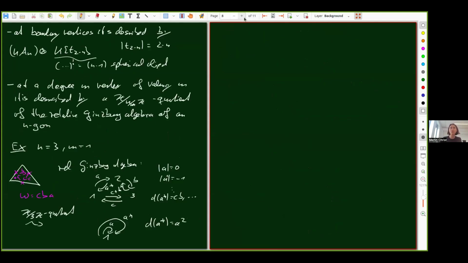Now, this was a very rough description of the Koszul dual. Let me make a slightly more precise statement. So the finitely, so the DG category version of TSN with objects, the vertices.